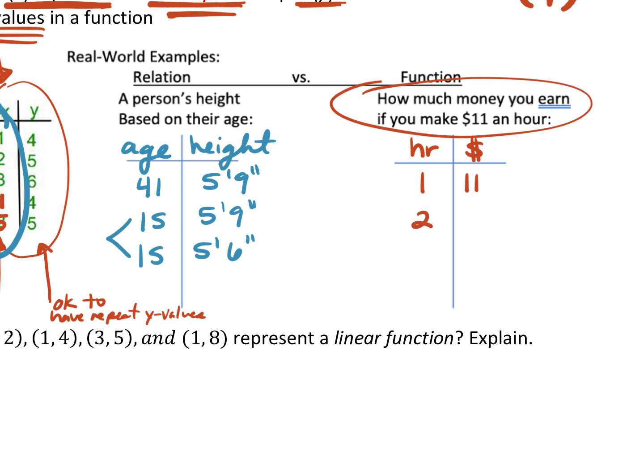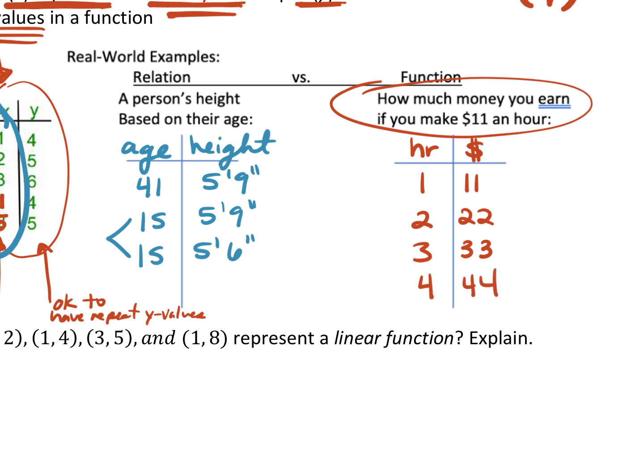If I work 2 hours, how much money do I get? 22. If I work 3, I get 33, okay? That is a function because there is no number that I could plug in for an x value, my number of hours, to get a different amount of money I make, okay? It's $11 per hour. That is a function.